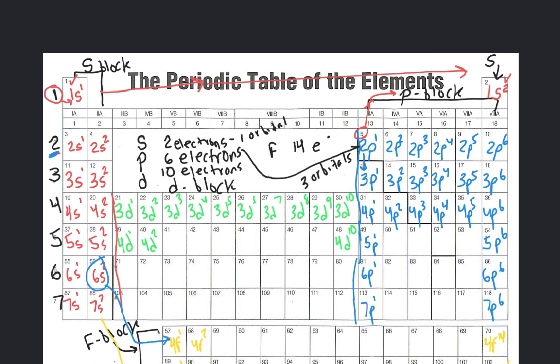The D sublevel has 5 orbitals. 5 orbitals times 2 electrons can hold 10 electrons. And then the F sublevel has 7 orbitals that can hold 2 electrons each. That's 14 electrons. So we'll do another video where we'll write the electron configuration using orbital diagrams.